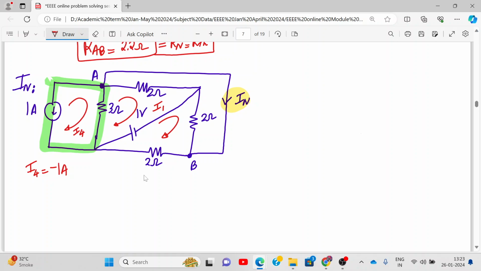So this will be, sorry, let me write in black color. Okay. So mesh analysis to loop number 1. So KVL.